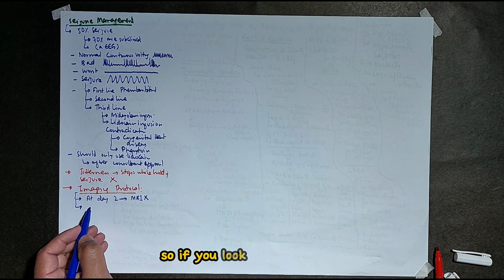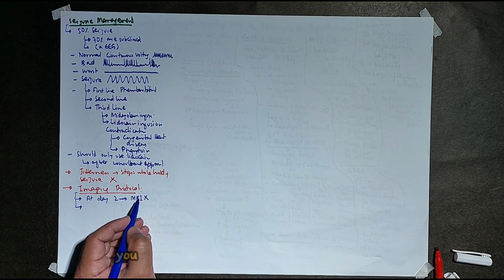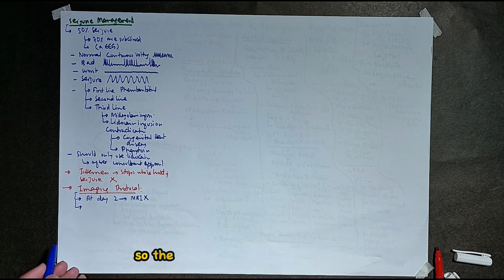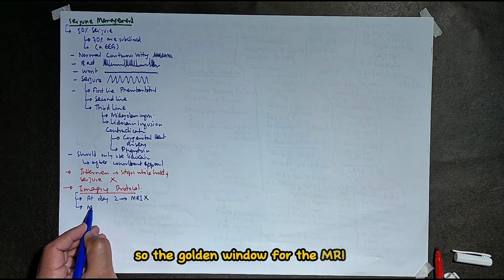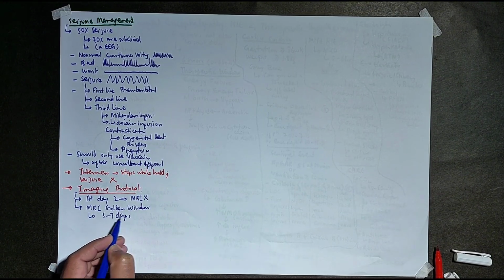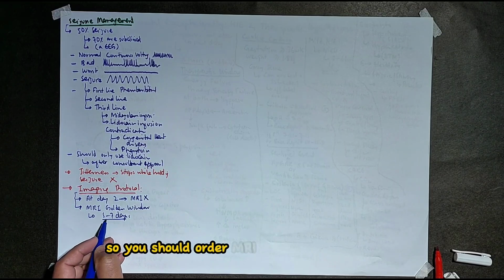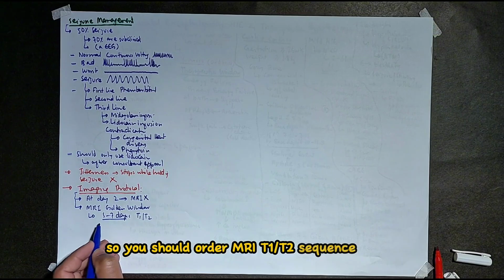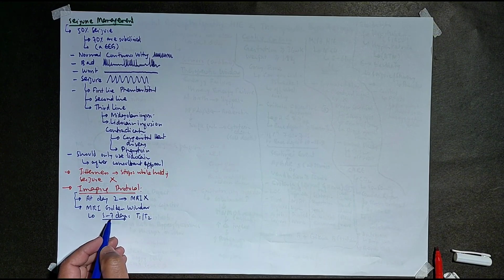So if you look at day 2, you can give false hope to the parent. The golden window for the MRI is between 5 to 7 days. So you should order MRI T1 T2 sequence at day 5 to 7.